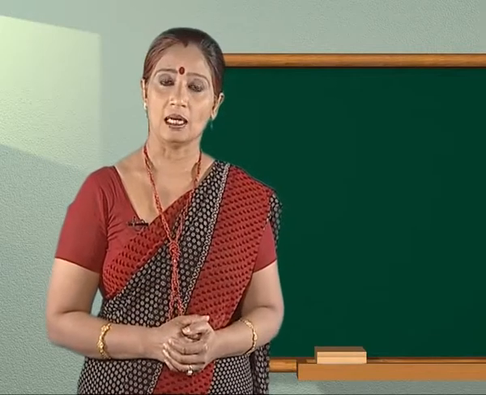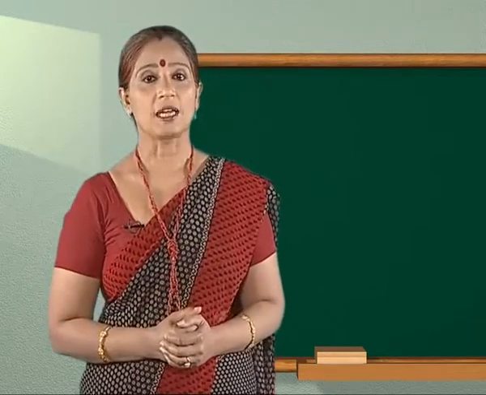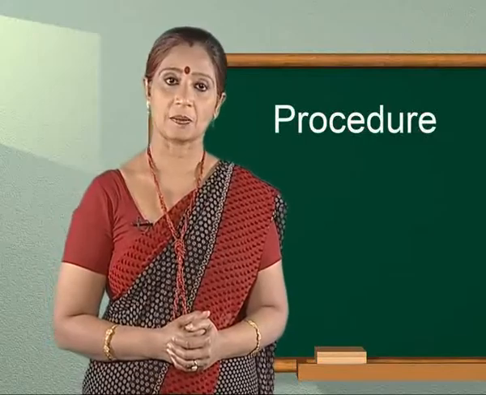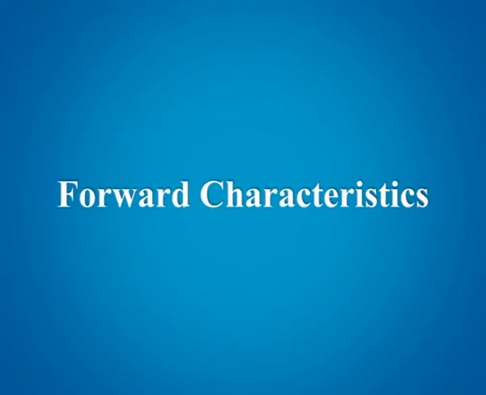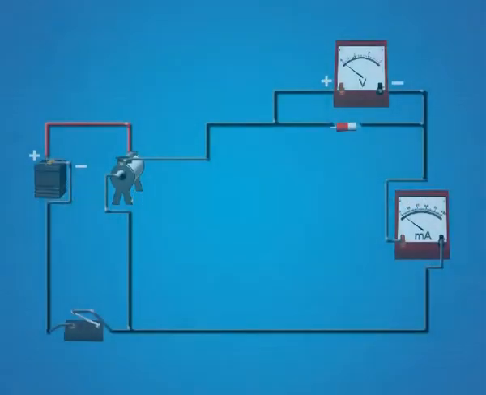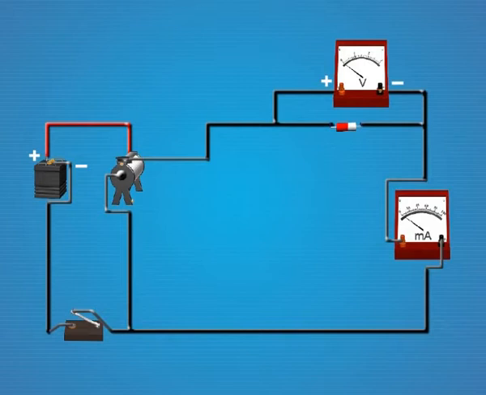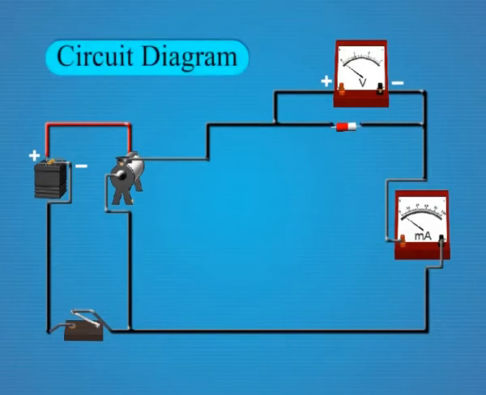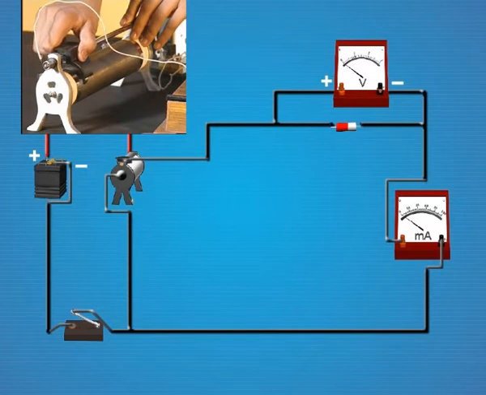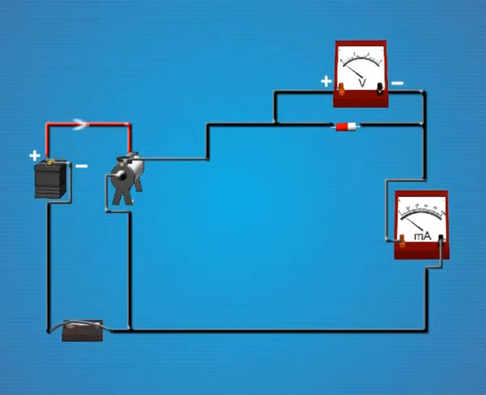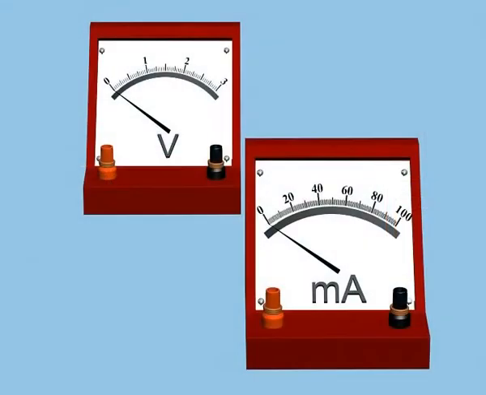After the theory, let us now learn the procedure of this experiment. First we will work for the forward characteristics. Make the connections according to this circuit diagram. Keep the moving contact of the rheostat to the minimum and insert the key K. Voltmeter and milliammeter will show a 0 reading at this time.